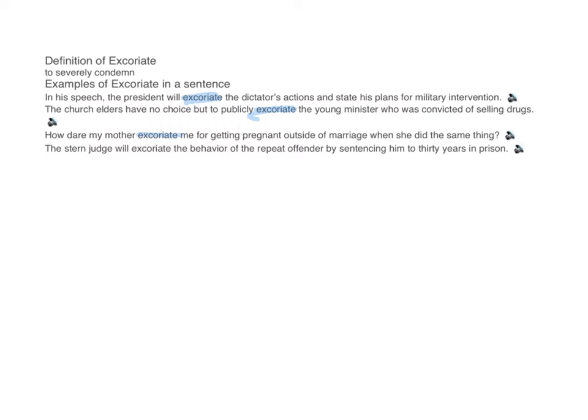How dare my mother excoriate me for getting pregnant outside of marriage? What you then want to do is say, okay, if I'm going to treat this like a fill in the blank, what phrase would you use to fill in each of these blanks? Well, I would say will yell at big time.